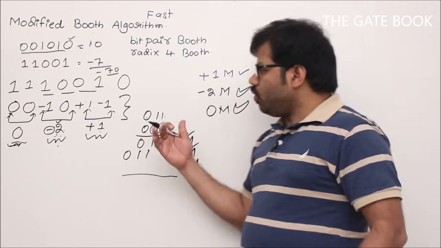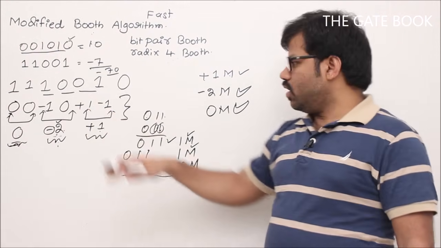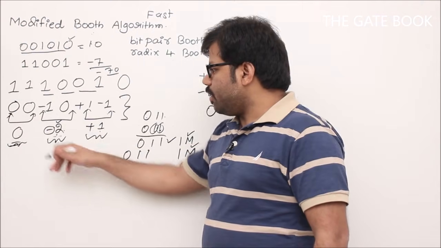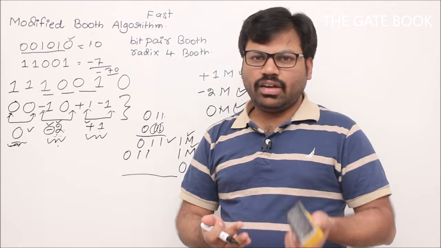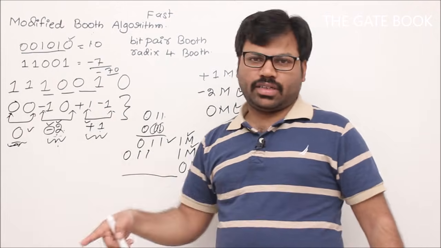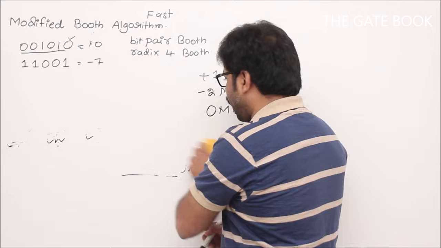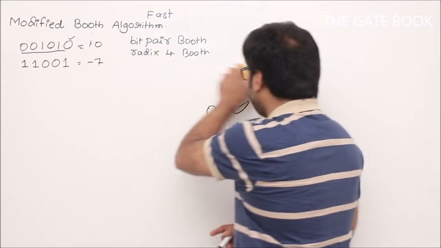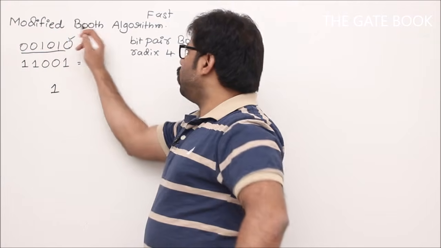Now, sir, how do you decide everything? This is all our imagination, correct? So how can this 0, -2, +1 really be calculated just by seeing the multiplier? I will tell you. By seeing the multiplier, we can find out the 0, -1, -2, everything. I will tell you the technique. That is one thing you should learn in modified Booth algorithm.